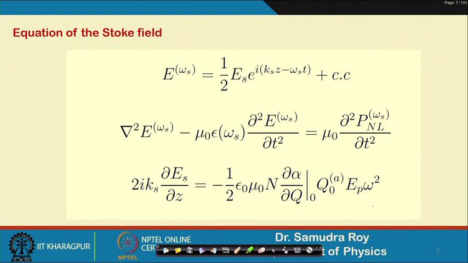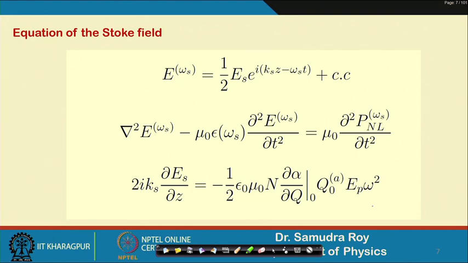Throughout this course, we find that starting from the nonlinear Maxwell's equation, we can derive whatever field evolution we want. The only thing we need to extract is the P nonlinear term for that particular frequency for which you are generating, or want to find the evolution equation of the amplitude.